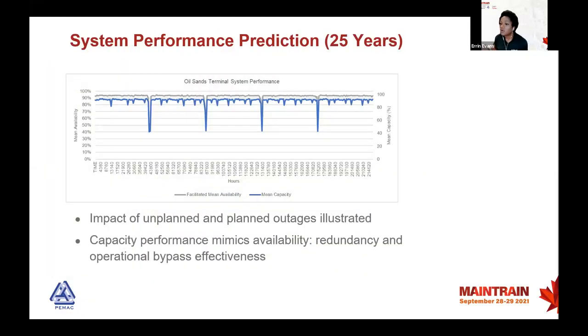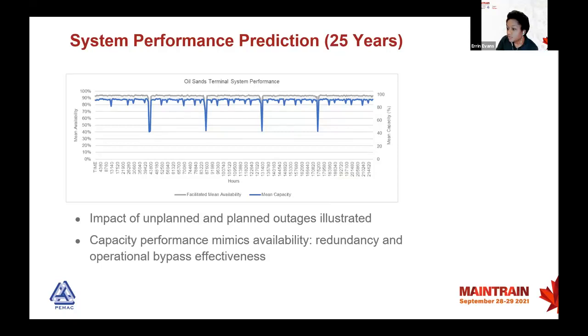So then if we look at the system overall, its overall performance, the profile above displays the system performance for the expected life of the facility expansion, with the mean availability in gray and the mean capacity in blue.